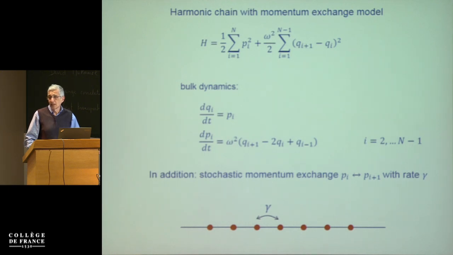So that's the model. It's very simple. It's a linear model, introduced some time ago and studied very extensively by people like Monasterio, Lepri, and many others. I mentioned them earlier.